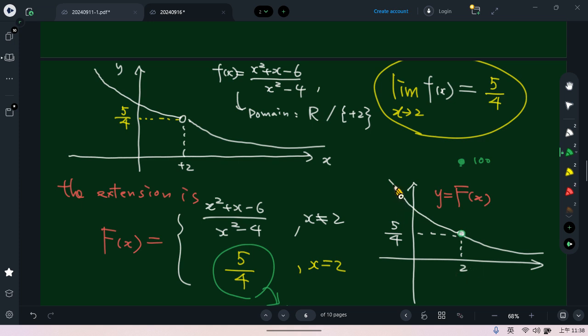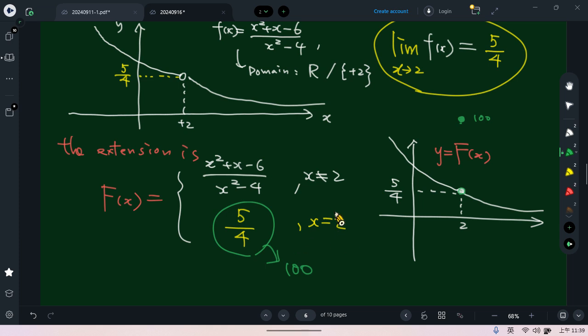The curve moves continuously this way, and when you touch this point, it jumps here, then goes back down. So it becomes a discontinuous function. Only when you force x equal to 2 to be 5/4 will it become a continuous extension. This new extension is just what we expected.